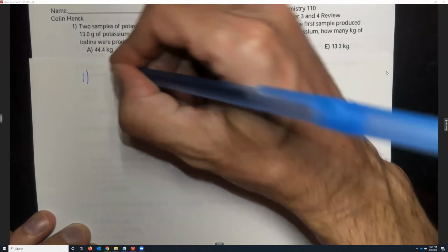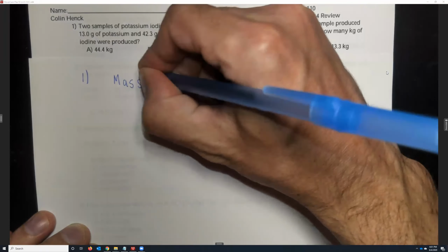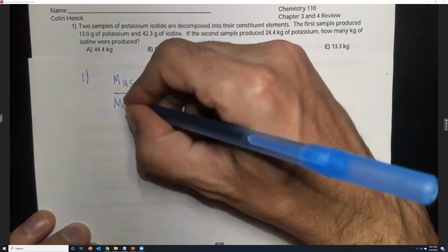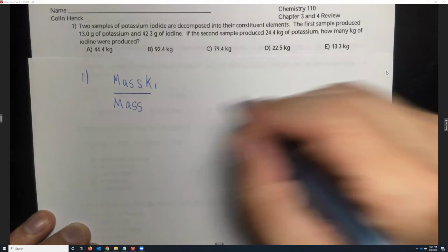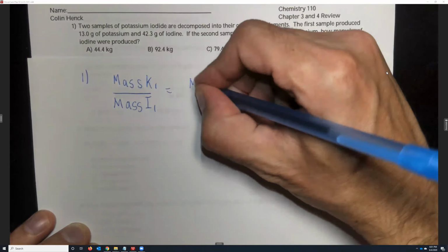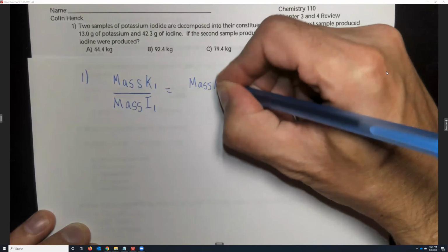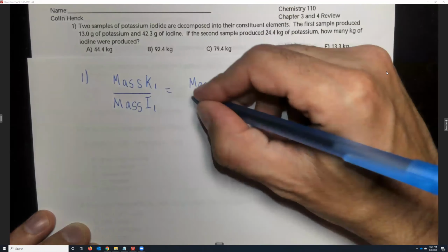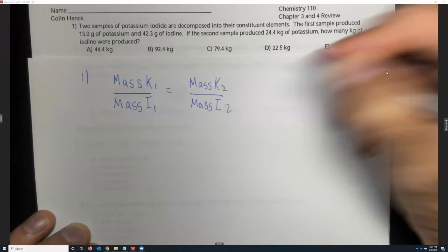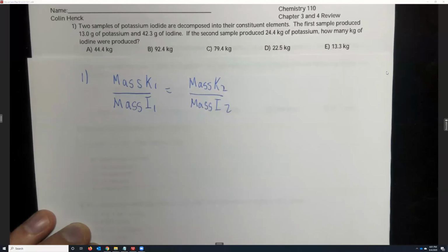So when we were doing this one, we want to look at the mass of K in sample 1 is to the mass of I in sample 1 as the mass of potassium in sample 2 is to the mass of iodine in sample 2. And again, this is called the law of definite proportions. It's essentially just a proportionality.